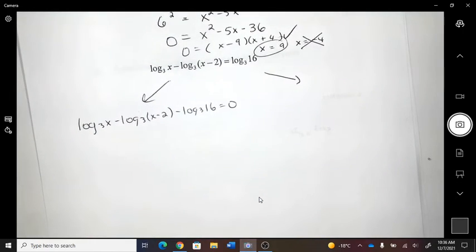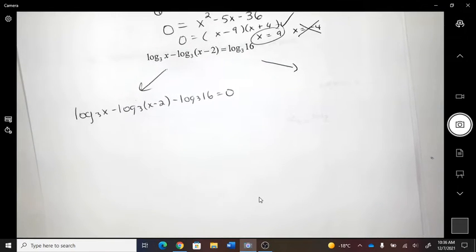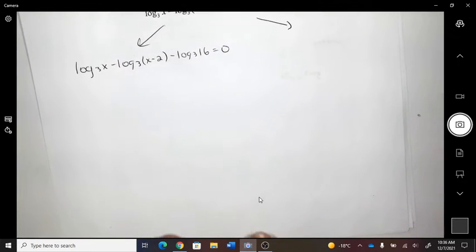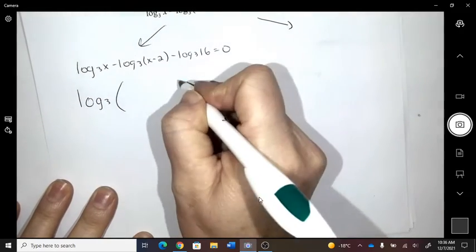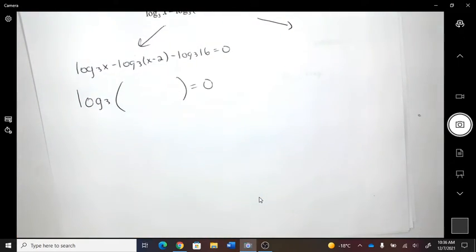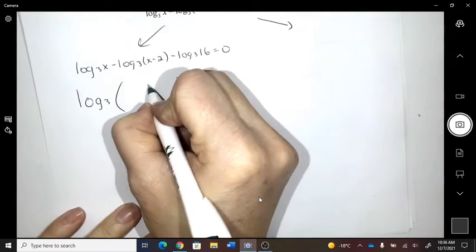So this is method 1, move everything to one side. Now I'm going to put everything together. Those were some separated log rules, and I'm going to put them together. Anything positive is on the top.